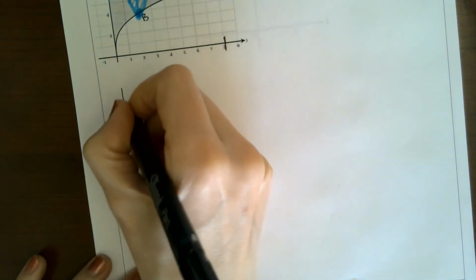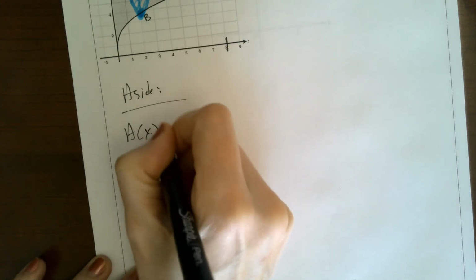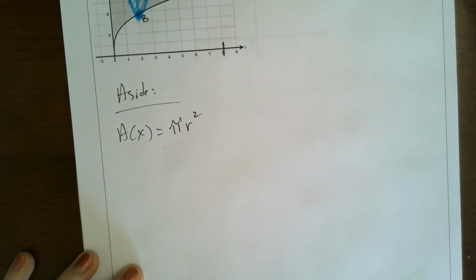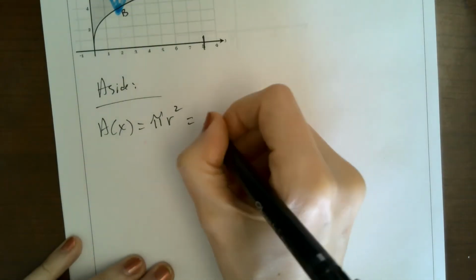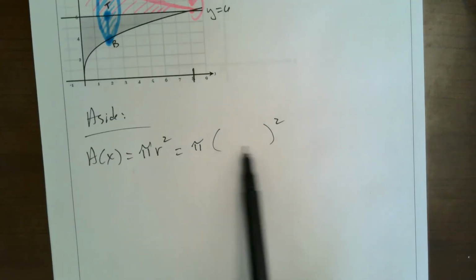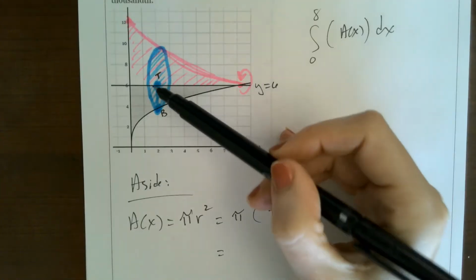Okay, now I'll do a little aside. The area of a cross section is going to be pi r squared, because that's a circle. Now for r, I have to do top minus bottom. This top minus this bottom.